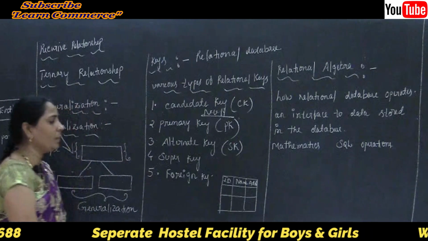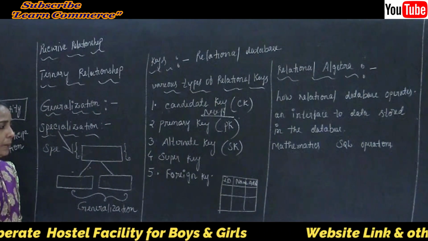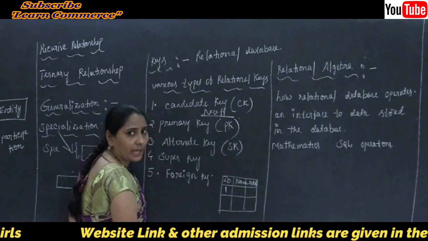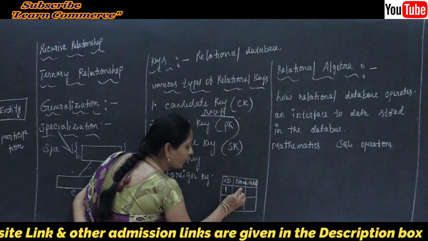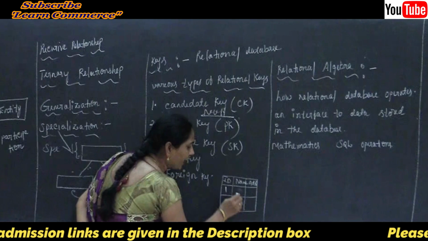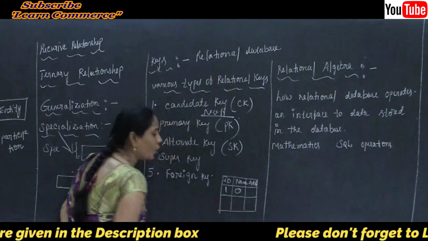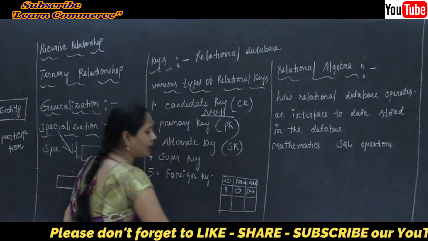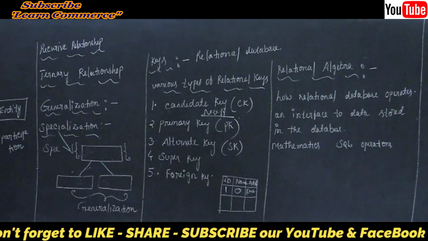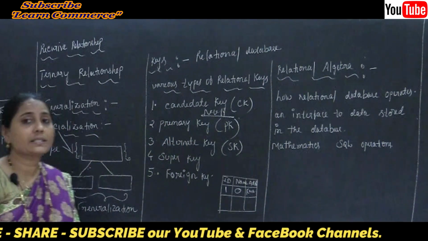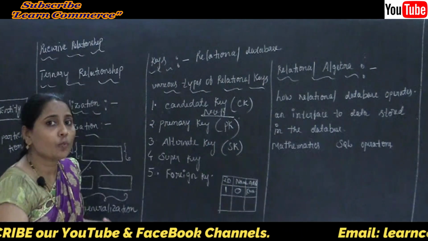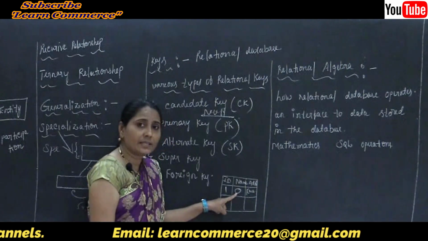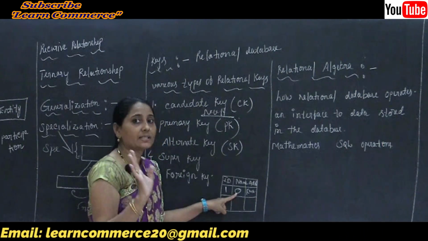For ID I am using 1, for the next one I am using 0, and for address I am using Karkala. I already said no component of the candidate key is allowed to be null. So what about the null value? If you are using the 0 value, it is not called the null value.